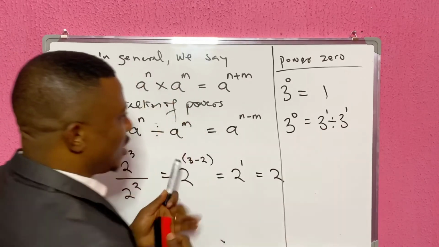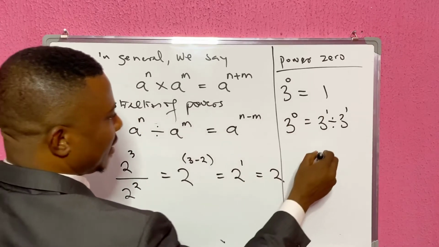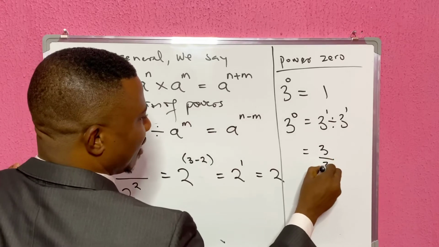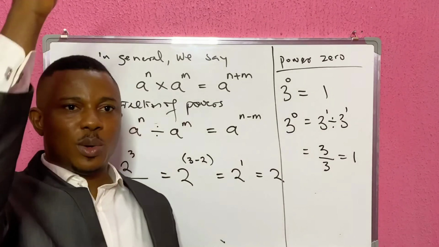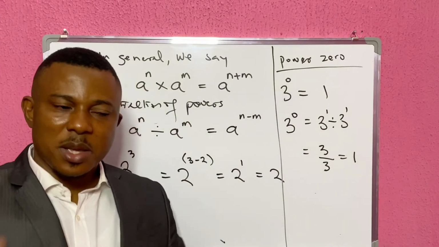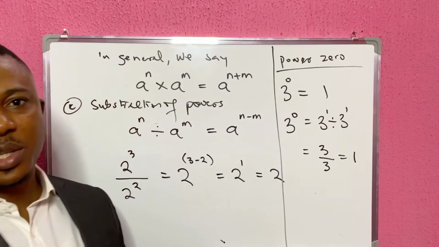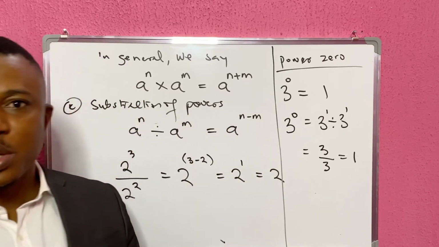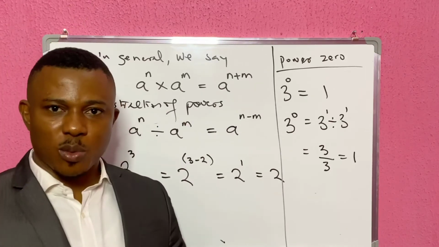Let's put it like this so that you get it properly well. 3 power 1 is 3, divided by 3 power 1 is 3, to give us 1. So, this means that any integer raised to the power of 0 will give us 1. Be it 2,000 power 0 is 1, 5,000 power 0 is 1, minus 5 power 0 is 1, 20 power 0 is 1. Any integer at all raised to the power of 0 will give us 1.